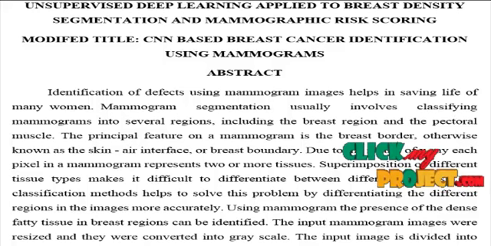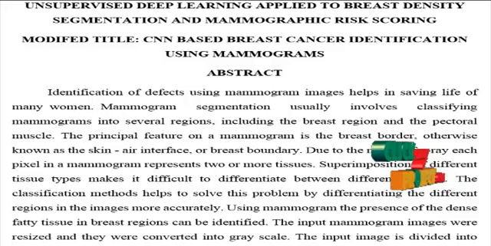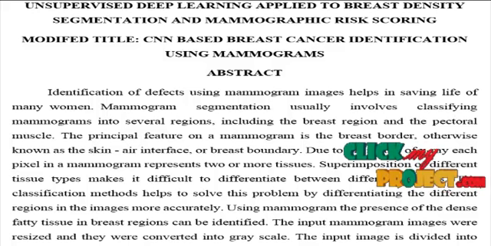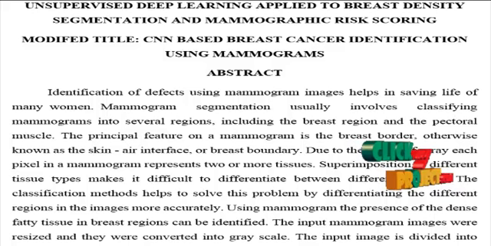Due to the nature of X-ray, each pixel in the mammogram represents two or more tissues. Superimposition of different tissue types makes it difficult to differentiate between different regions. The classification method helps to solve this problem by differentiating the different regions in the images more accurately.